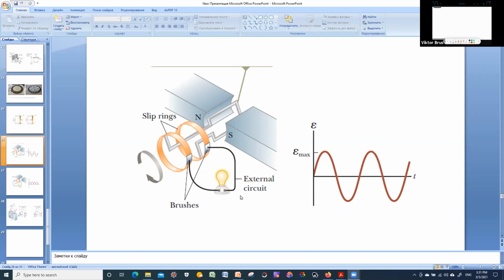The current, or here it is showing some time dependence of the electromotive force, looks sinusoidal. So we have a period. The period can be calculated as a time interval between points with the same phase.